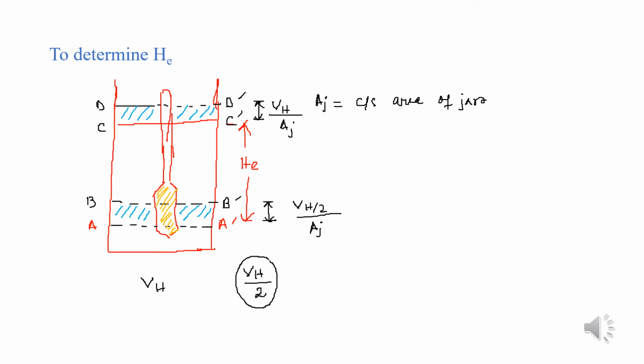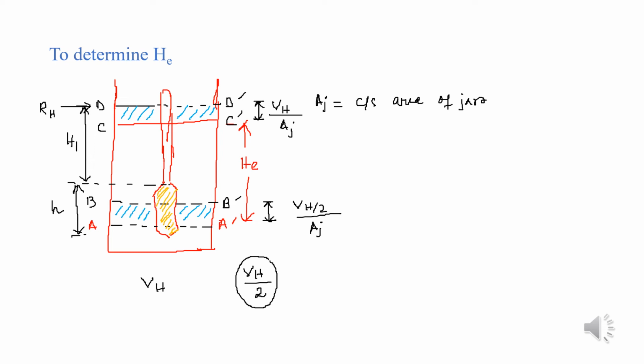Now suppose the depth from DD dash to the neck of the bulb is H1, or basically this is the point where the RH is taken, that is H1 is the distance between the hydrometer reading RH and DD dash, and the total height of the bulb is suppose small h.